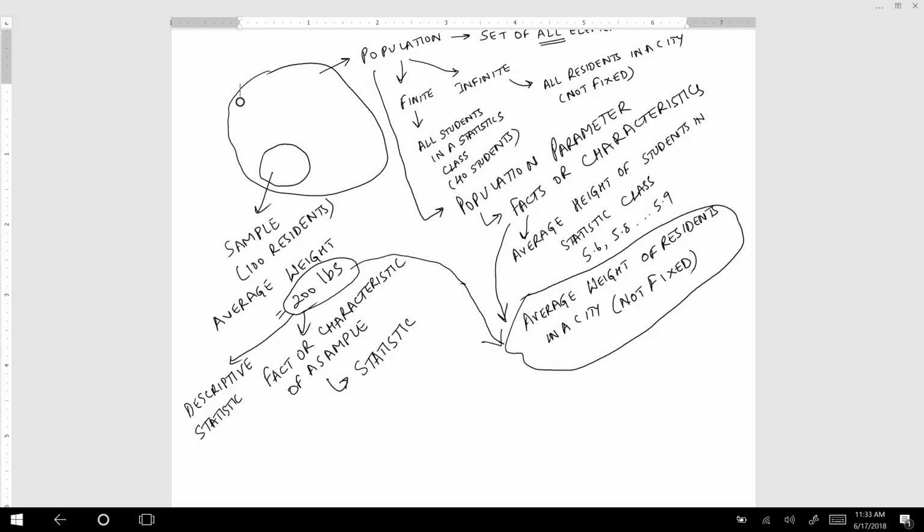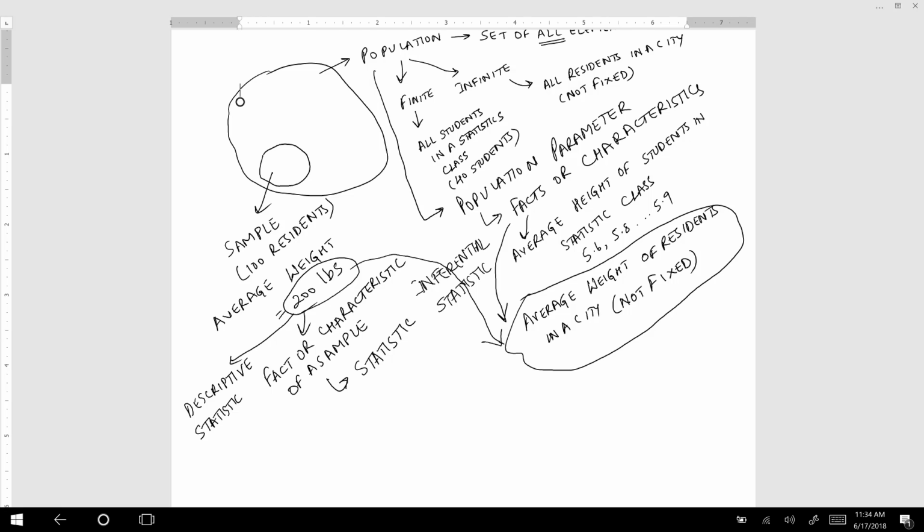So this is called inferential statistic. We are trying to take a sample and guess how the population would look. That is called inferential. We are taking a sample, which is 200 pounds, and then trying to infer about the population, the entire city.